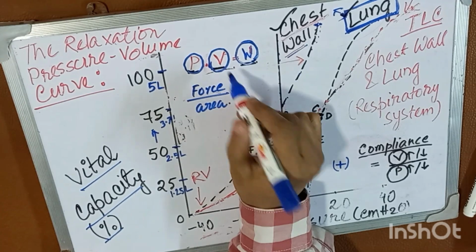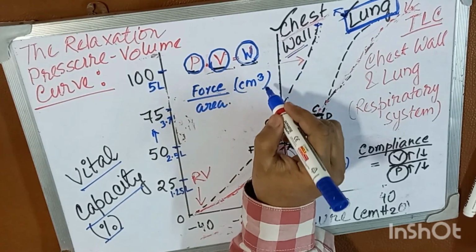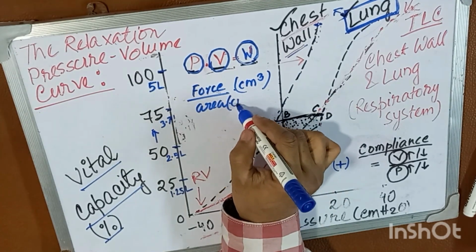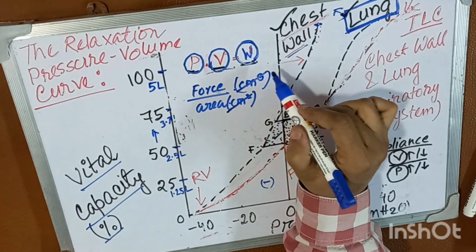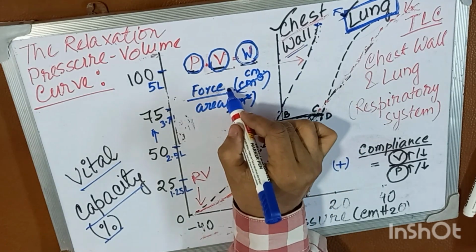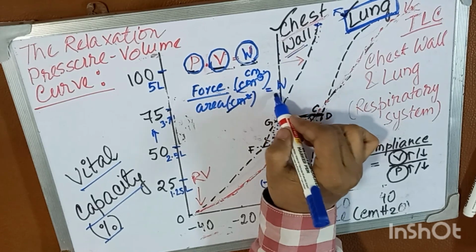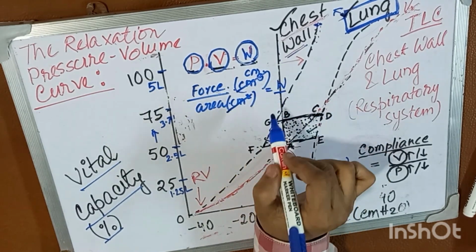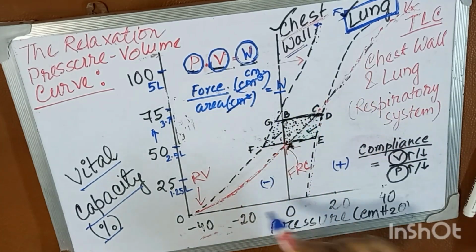And volume is centimeter cube and area is centimeter square. So centimeter square and centimeter cube cancel, and one dimension of centimeter remains. So force into distance is the unit of work, force into distance.